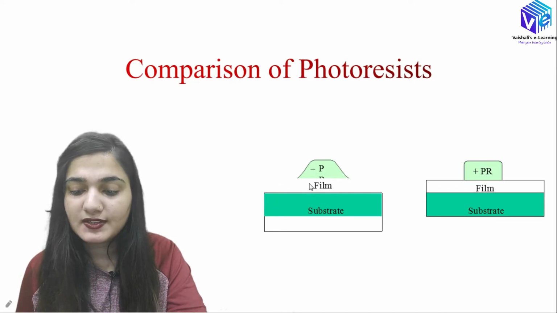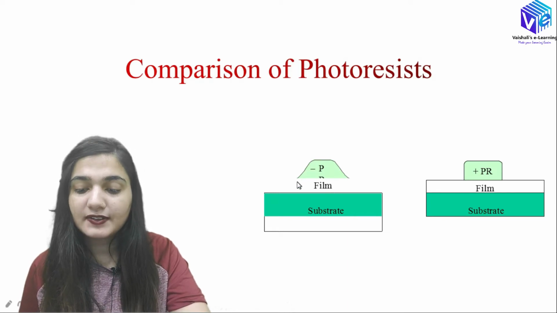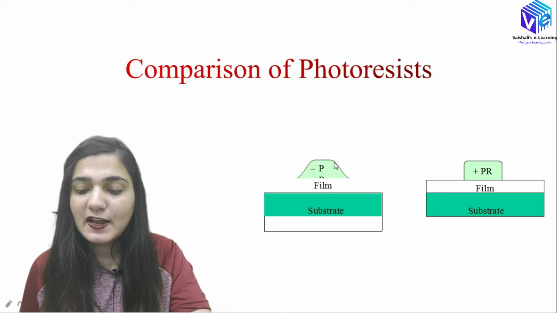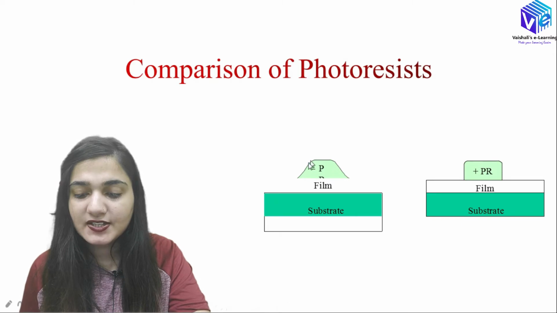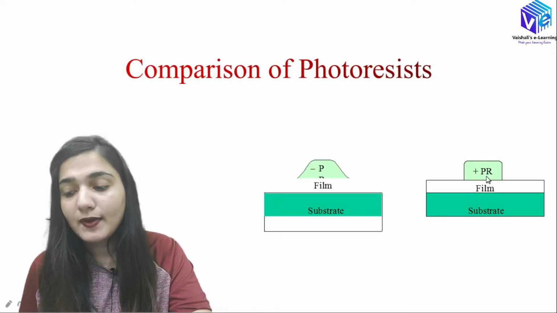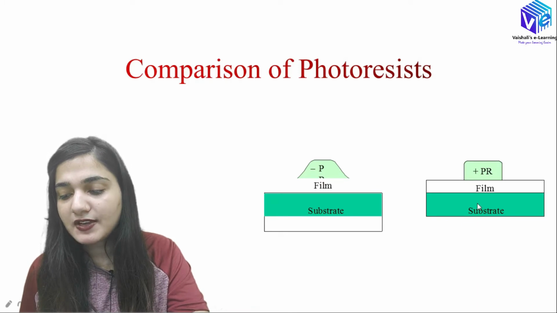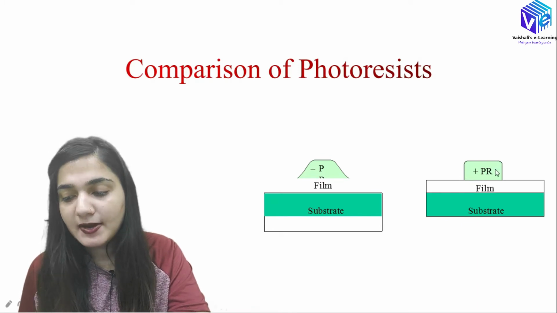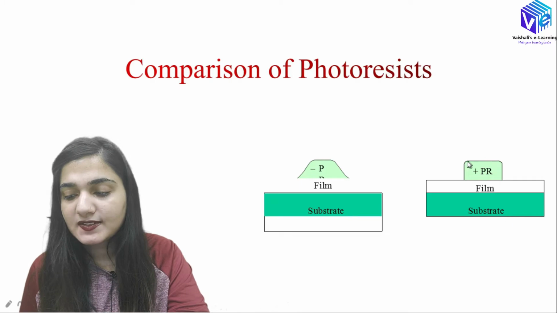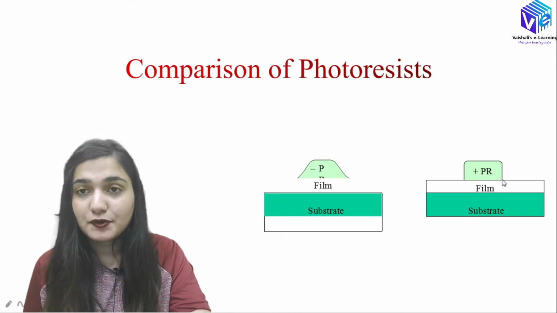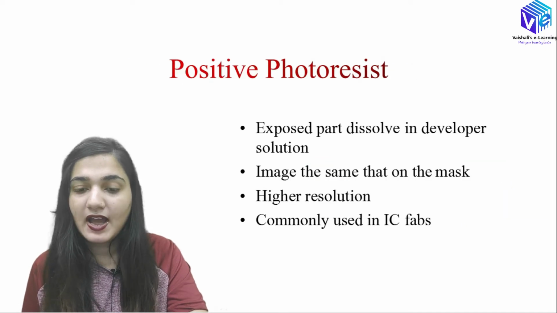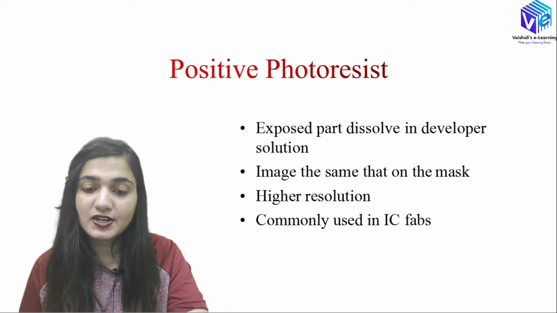On the negative photoresist we do not have exactly square edges. You can see the edges are swollen out, and this is the reason we are not getting the proper mask. Whereas in the positive photoresist we have the film, and over the film again we have the photoresist, but you can see the accuracy of the edges in the positive photoresist, and this is how we have two types of photoresist which are different.